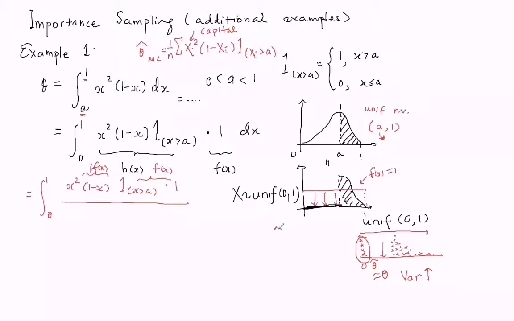So the density is very easy. This is your a, this is your 1. The length here is 1 minus a, and therefore your height here is 1 over 1 minus a, because the uniform is just a rectangle. So the density of your g(x) is 1 over 1 minus a.